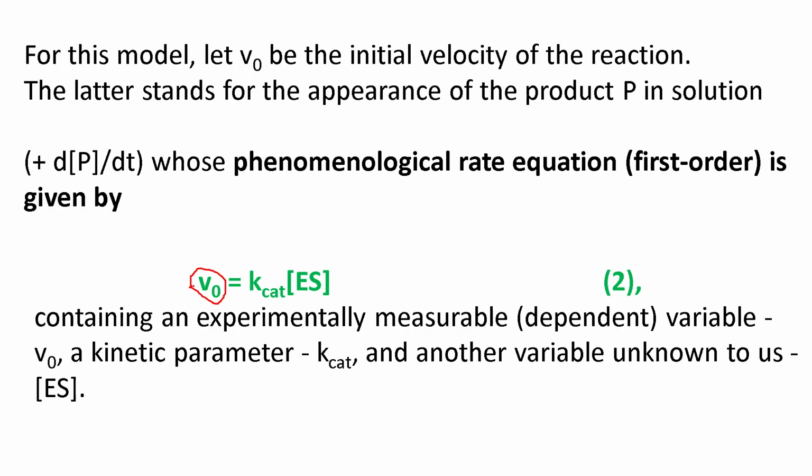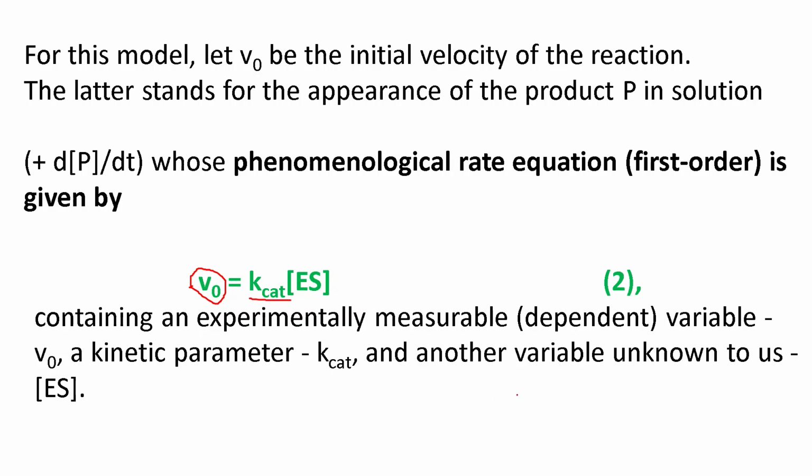So you can always measure what quantity is formed per time. And we said it is equal to kcat multiplied by [ES]. So it will also help us to measure the kinetic parameter kcat.